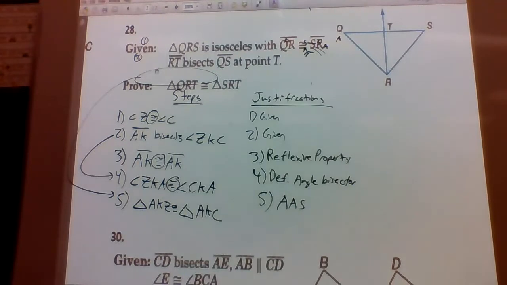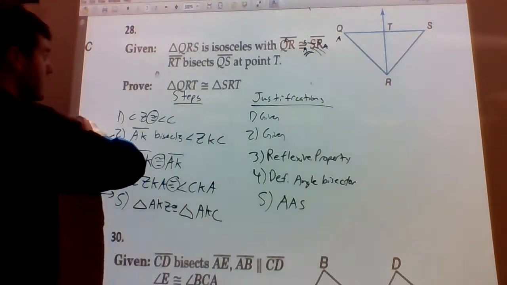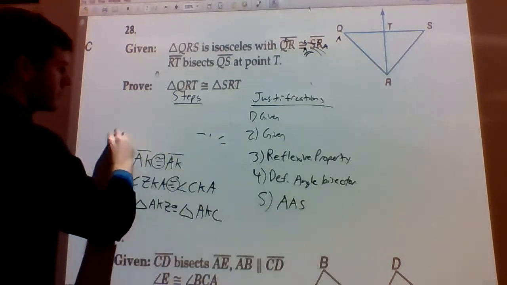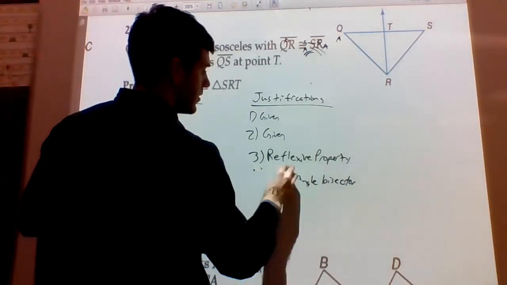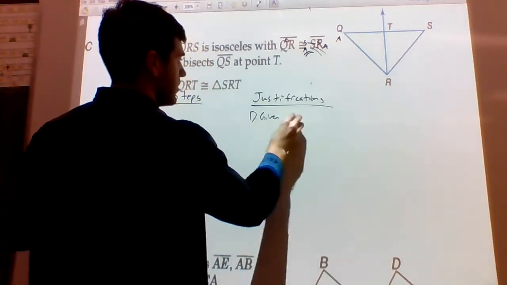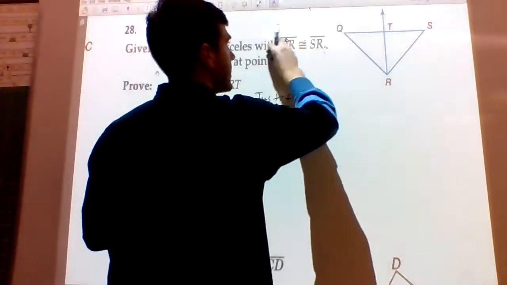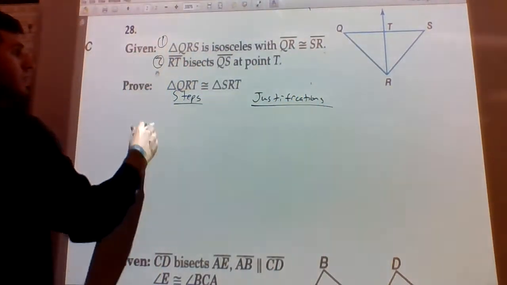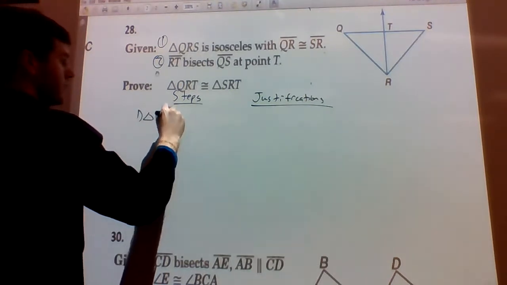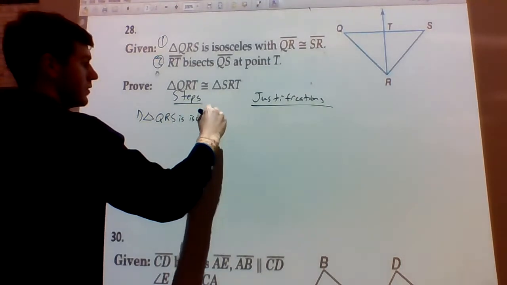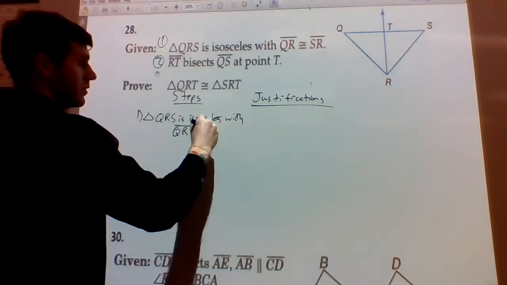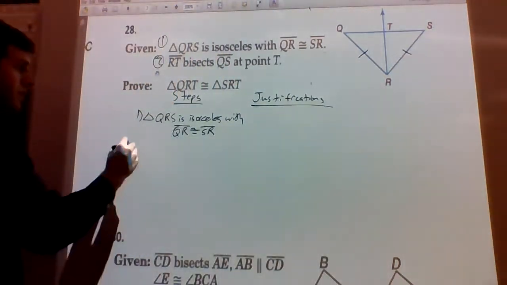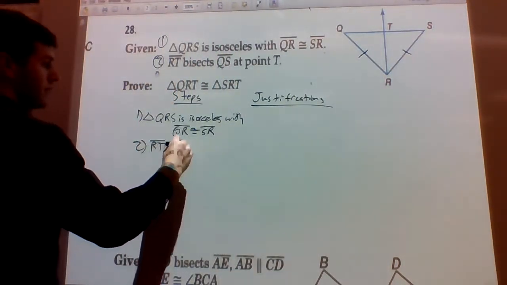Number 28. So again, two givens. We know that triangle QRS is isosceles with QR being congruent to SR. And the other given is that RT bisects QS.